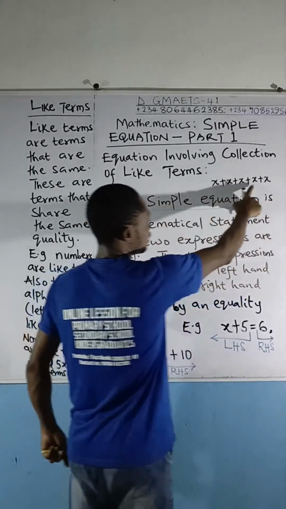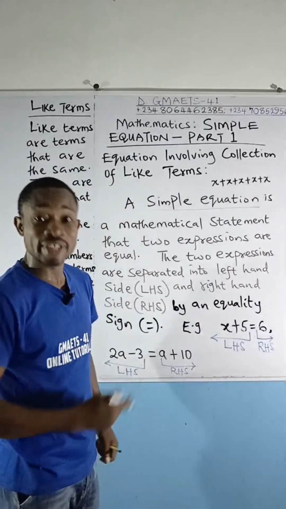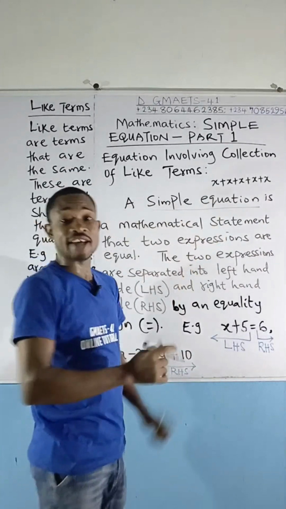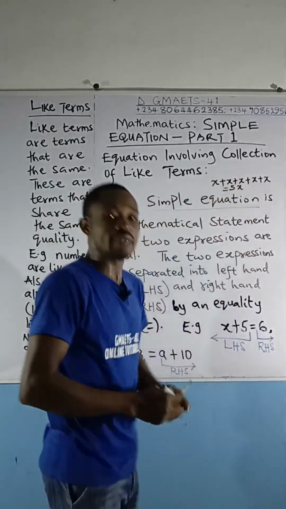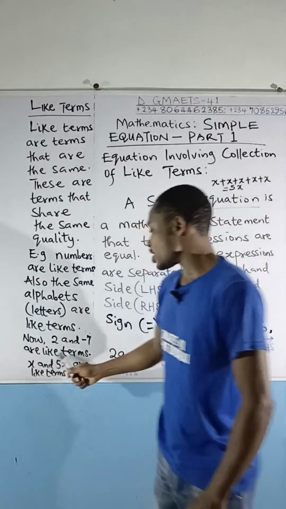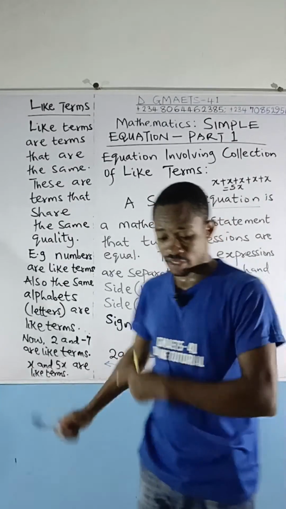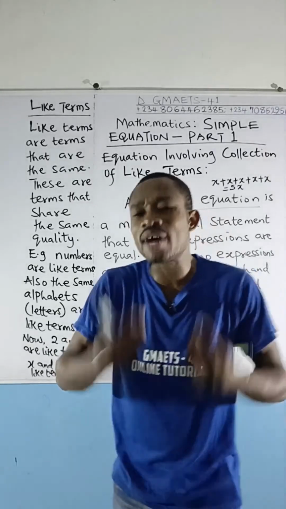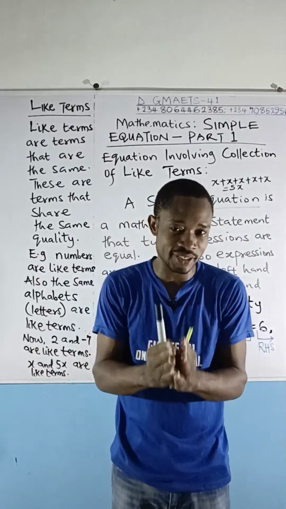How many of the x do I have here? 5 of them, and you have plus between them. If you add all of the x together, you will get 5x, 5 times x. So that 5 is telling you the number of x that you have there, which are added.